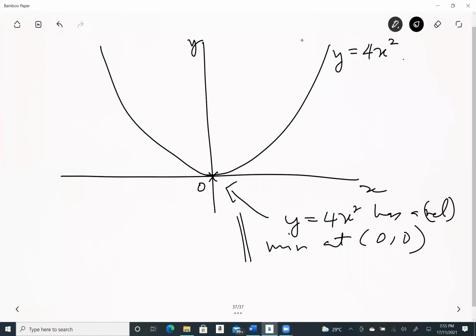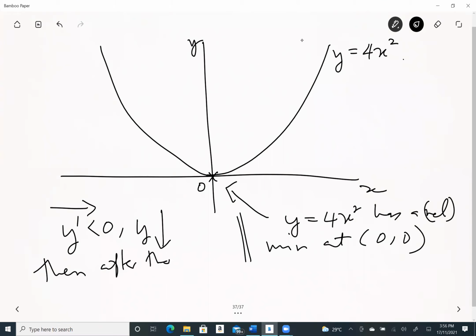Because on the interval to the left, y prime is negative, which means the function is decreasing. And then after that, y prime is positive, the function is increasing.